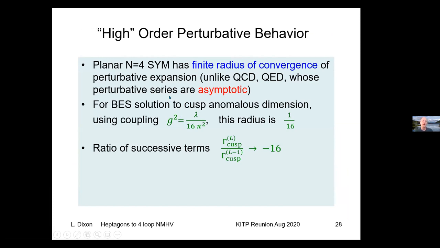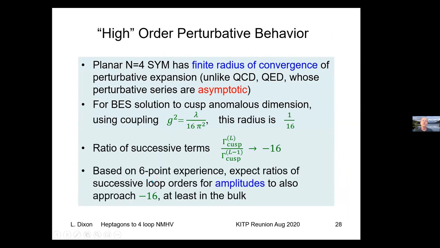functions. And I'm going to plot ratios of successive loop orders. And the reason for doing that is to see how the answer is doing with respect to the expected asymptotic behavior. We know that planar N equals 4 has a finite radius of convergence, and various quantities, if they're well behaved, are likely to behave similarly.